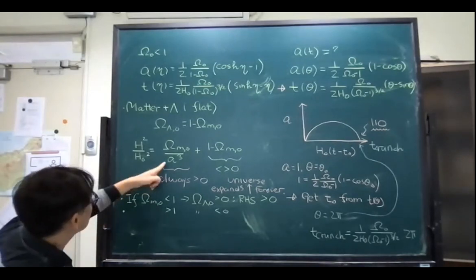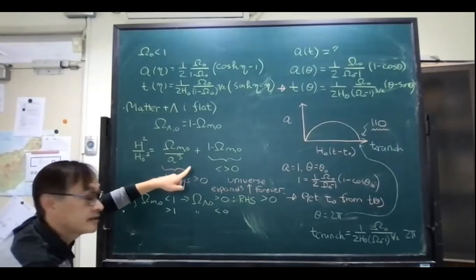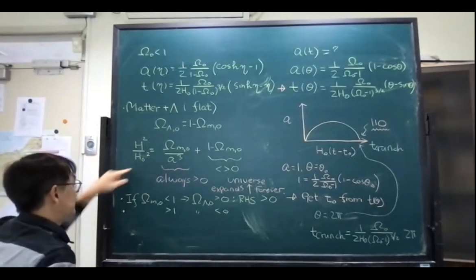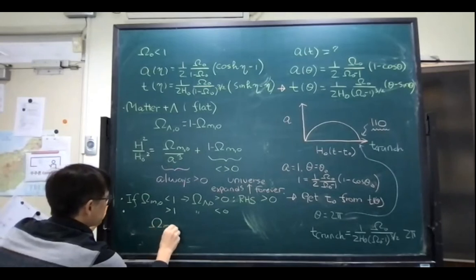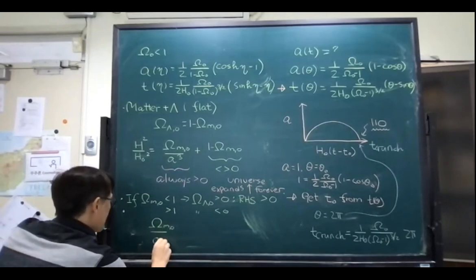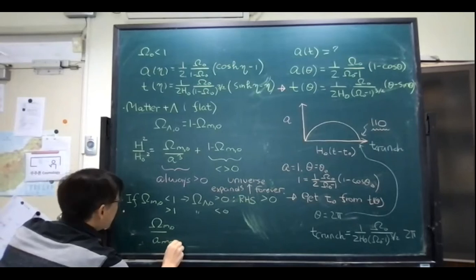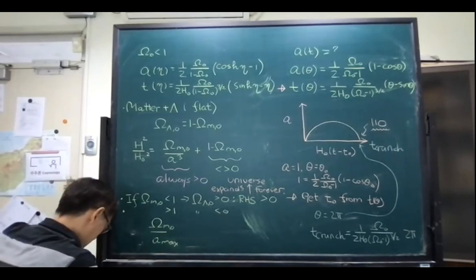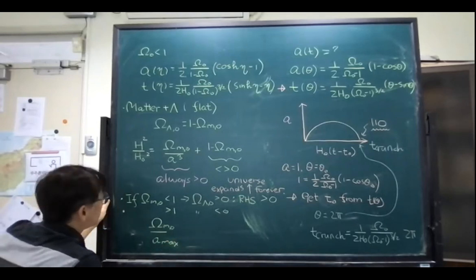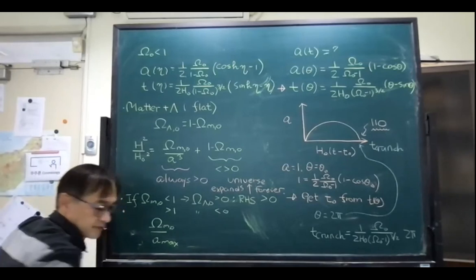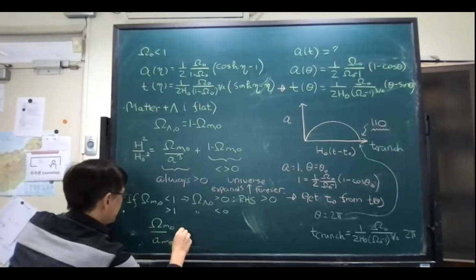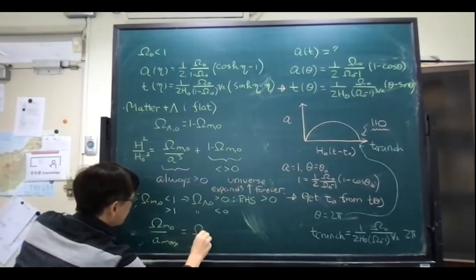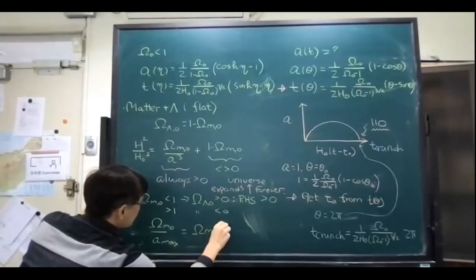And in the second case, there is a maximum value of a, so we could have omega m0 over a max cubed, which should be equal to omega m0 minus 1.